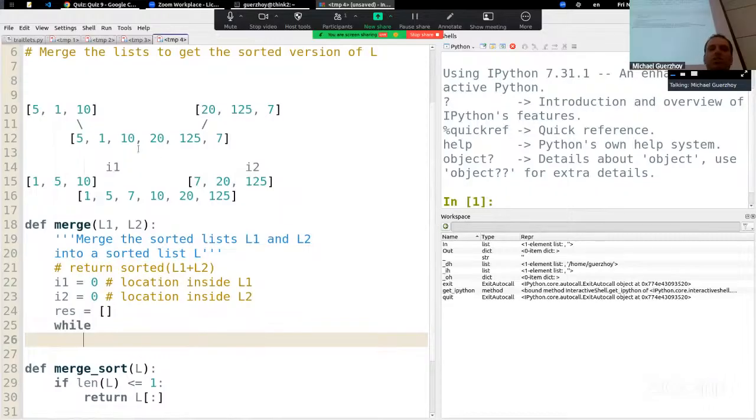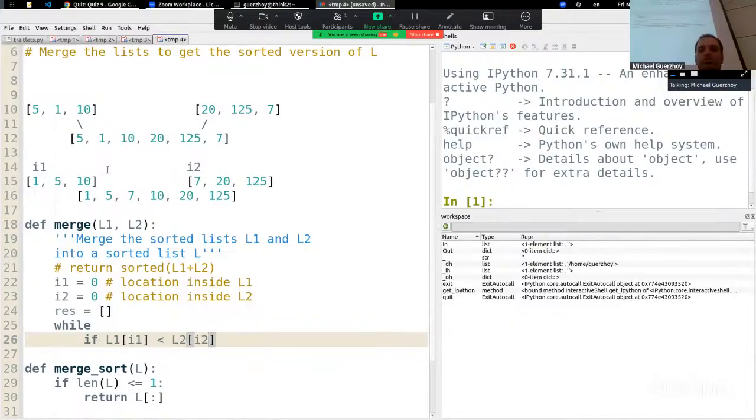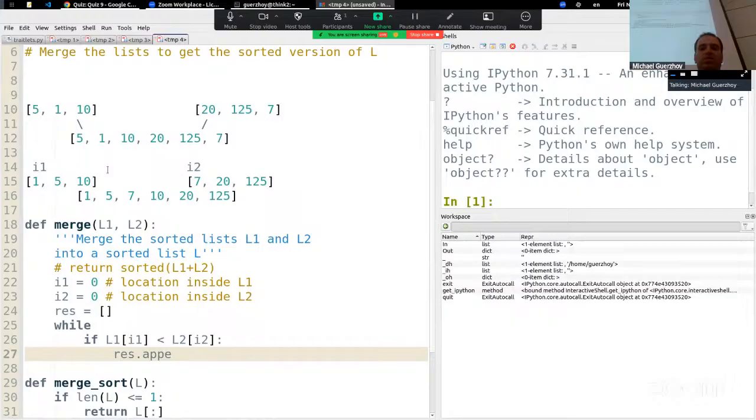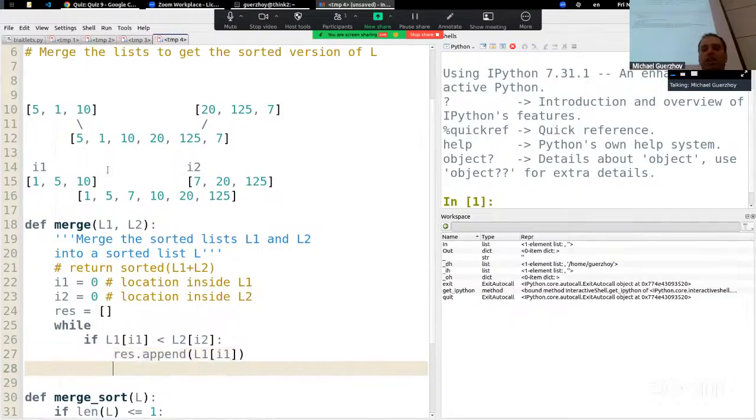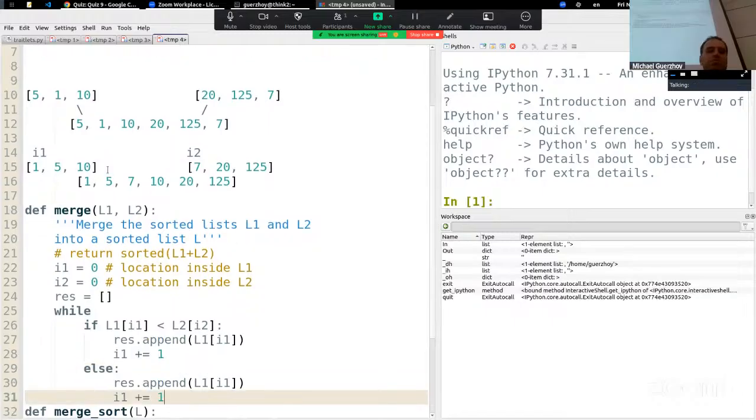Here, maybe I'm somewhere here. I need to basically ask, should I include L1 at I1 or L2 at I2? Which one do I include? Well, the one that's smaller. So if L1 at I1 is smaller than L2 at I2, then I append L1 at I1 and I advance I1 by 1. Otherwise, I do the other thing. I append L2 at I2 and I advance I2.